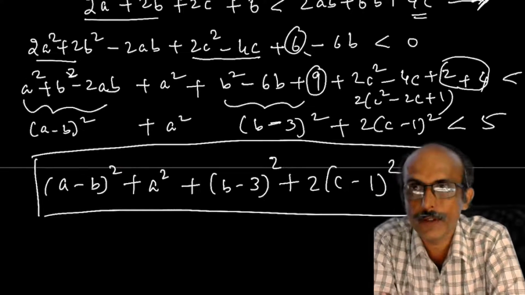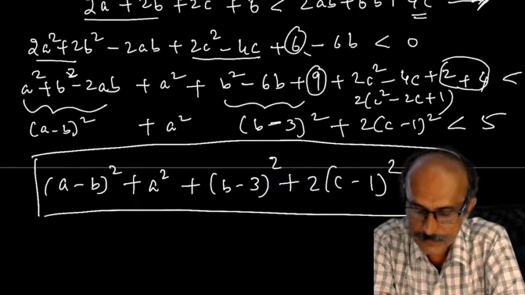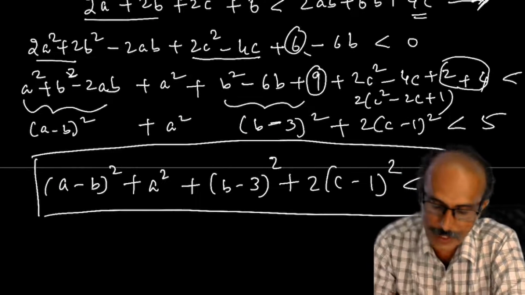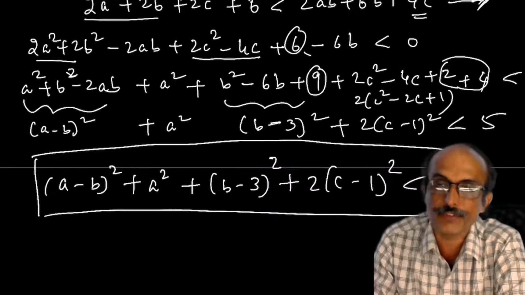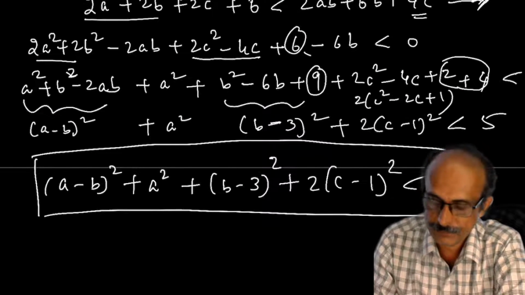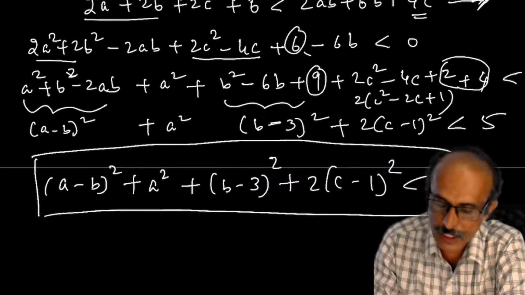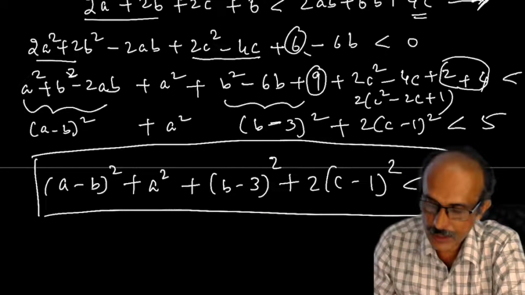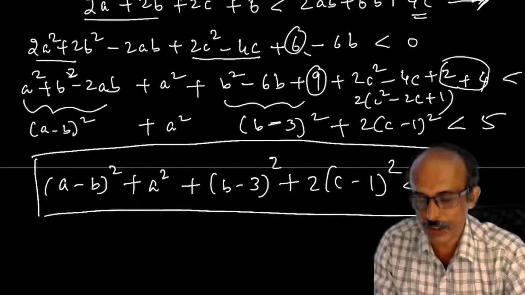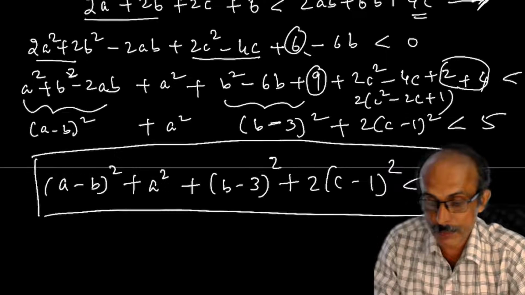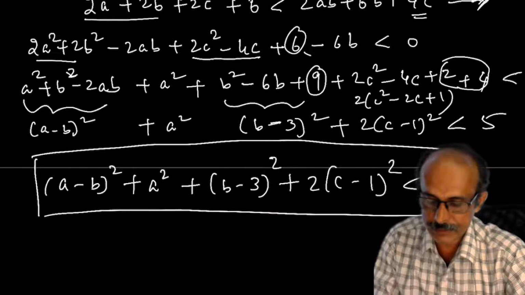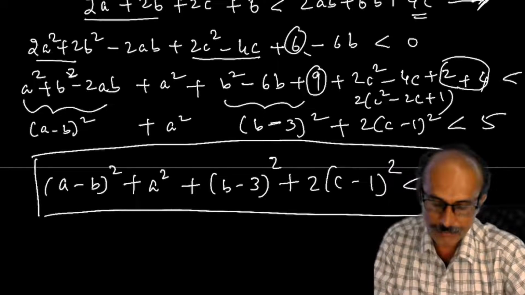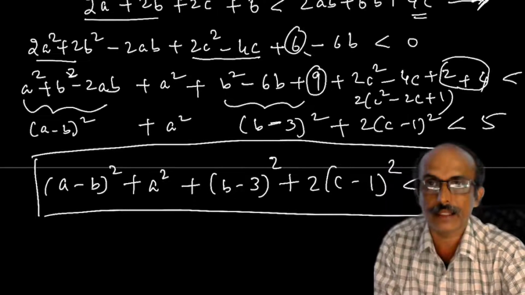So this is our focus. Yeah, got my point. So we are having some squares less than 5, some squares, 2 into (c minus 1) square like this. Now you can think over and tell me what are the possible values of each of these terms. We are having some x square, some y square, some z square like that.